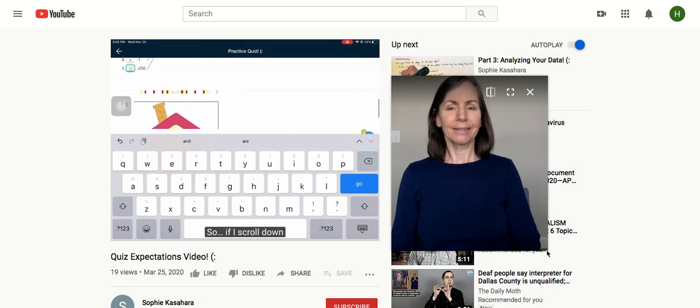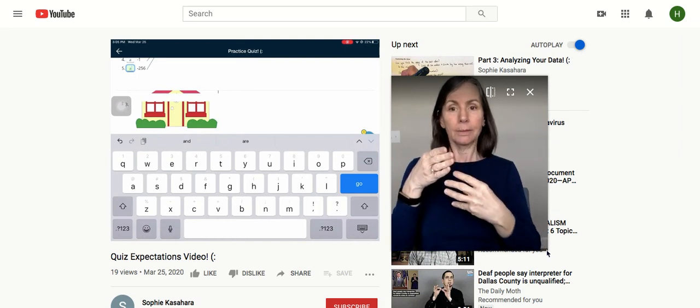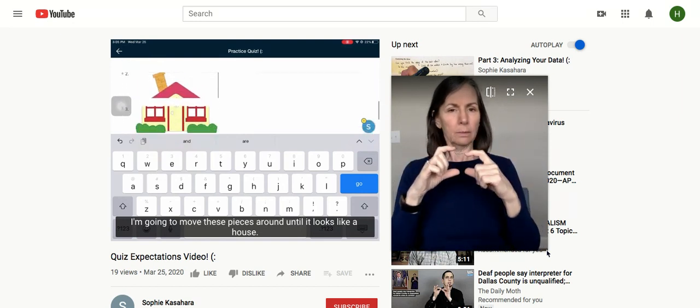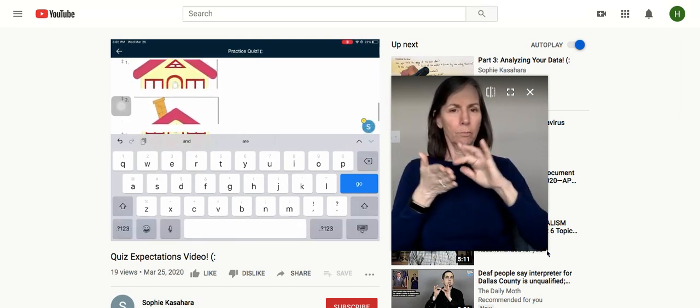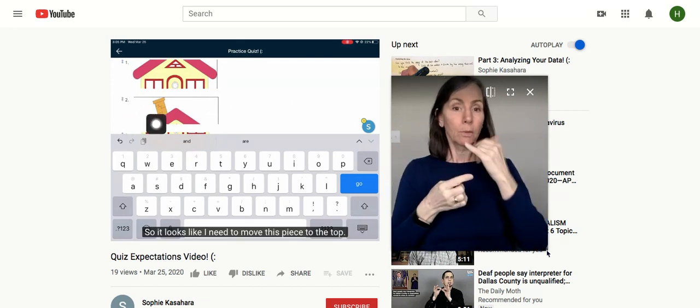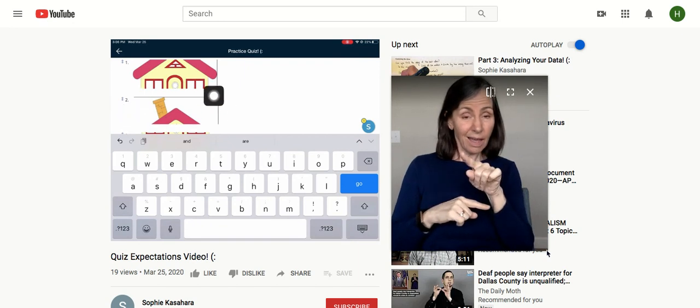So if I scroll down, I'm going to move these pieces around until it looks like a house. So it looks like I need to move this piece to the top.